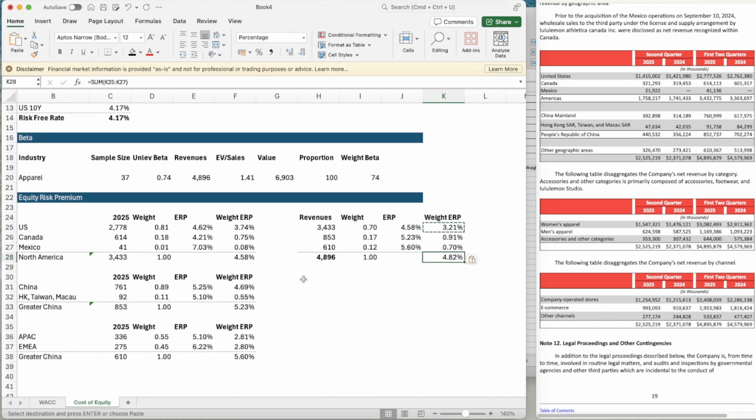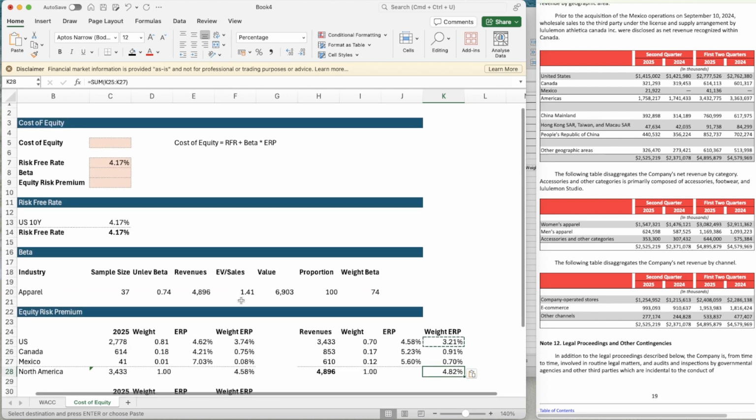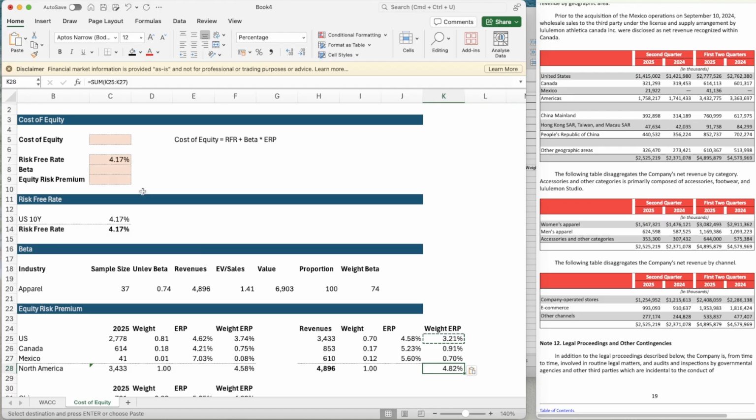That's what we get as the equity risk premium for Lululemon, which is about right because the majority of revenues are coming from the US and North America, and the rest of the world is, at the moment, not trivial, but significantly not as important. Did I do this wrong?